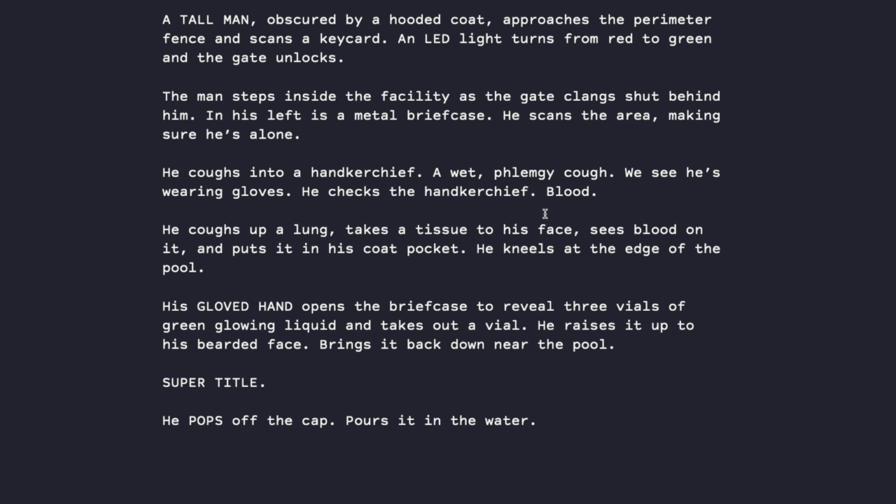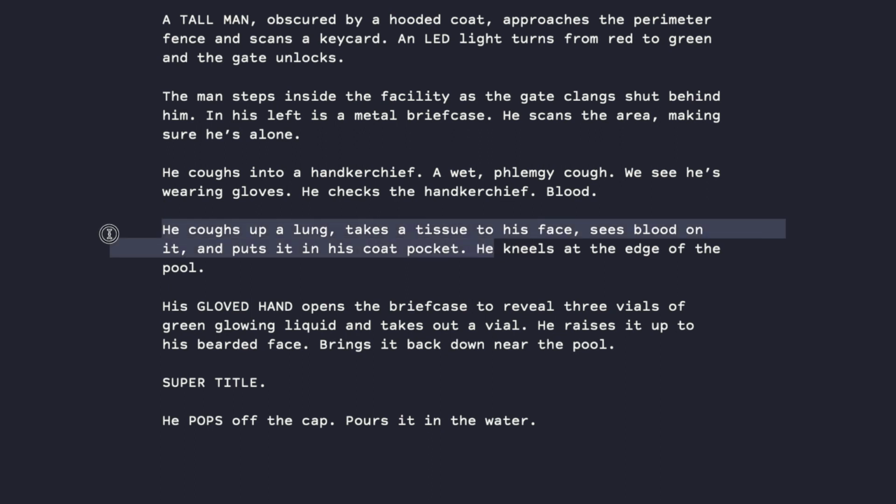I also think there's something nice about a one-word sentence like blood. It emphasizes the blood rather than burying blood in the middle of a much longer sentence. It's nice to punctuate it, and you get this very clear image in your head. Okay, he kneels at the edge of the pool.